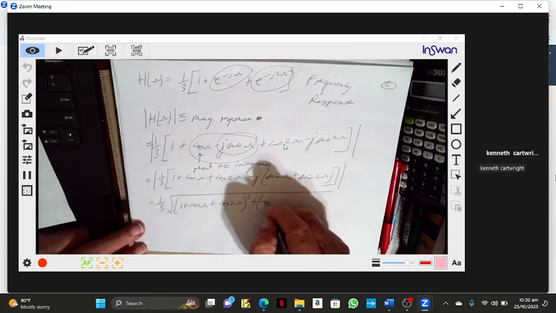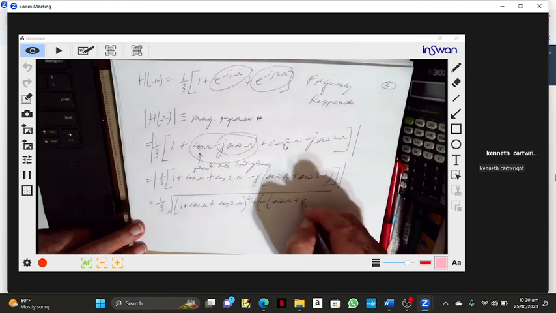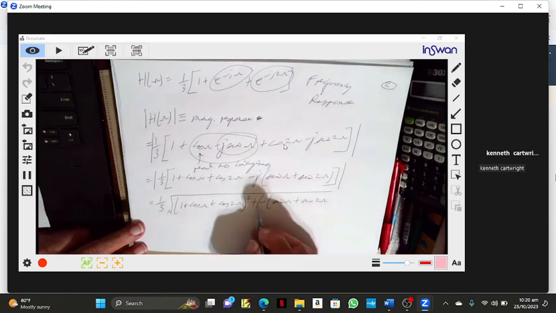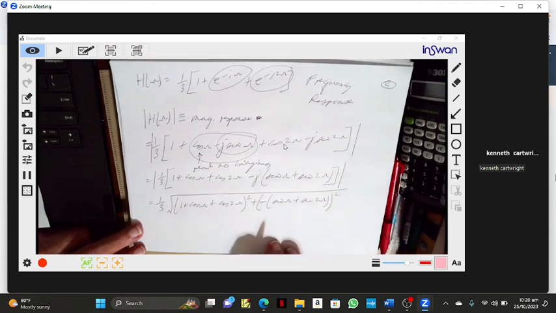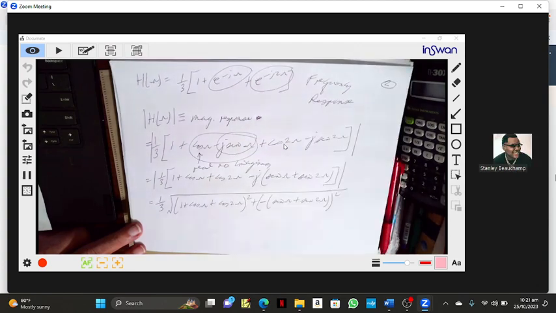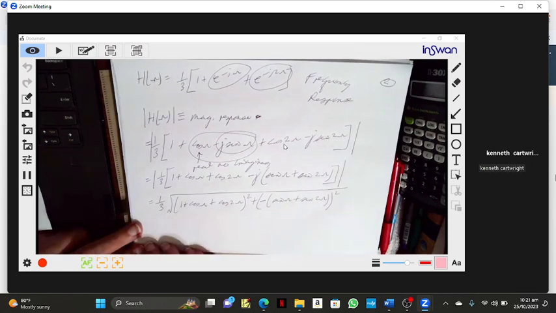Technically you're supposed to put the negative sine omega plus sine 2 omega, but it doesn't matter, because when you square it, the sign disappears. So that's the magnitude response. You don't have to go deeper than that for this class, but you can. It's not that difficult.